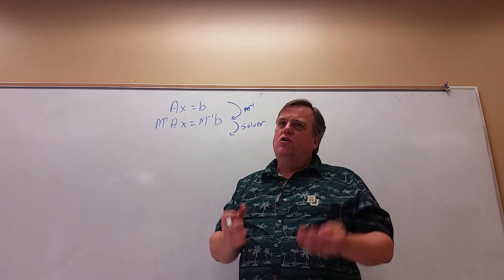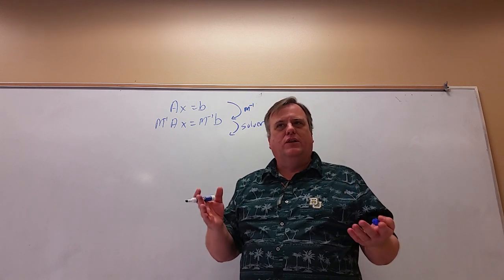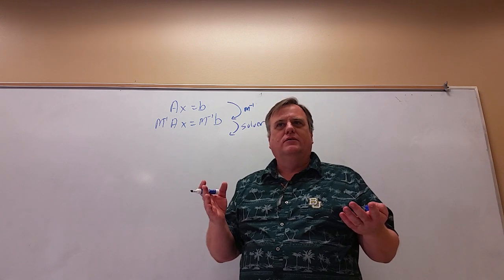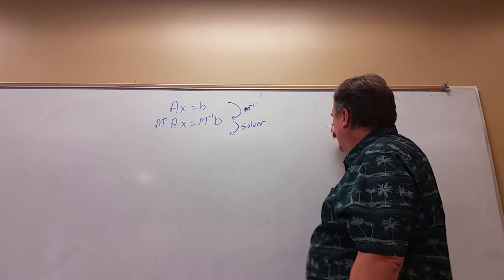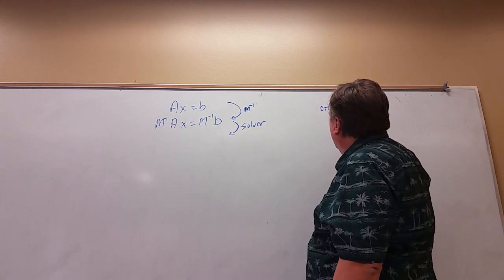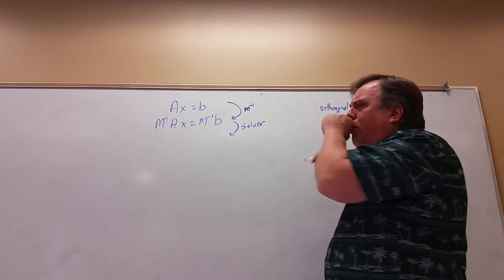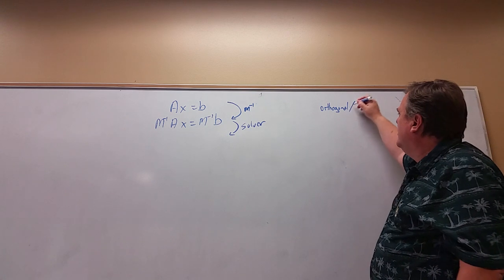But maybe that can give us a hint at what things might be really easy to calculate. What is that if you multiply by its inverse together? By its transpose. So orthogonal matrices, or unitary.